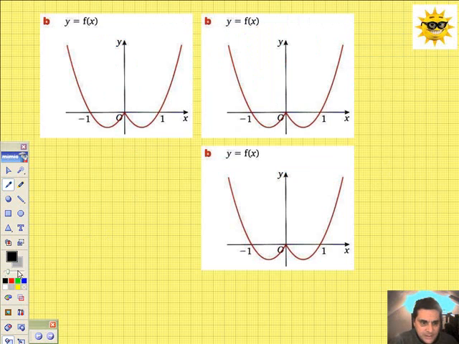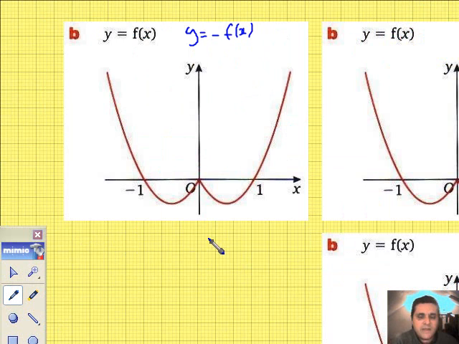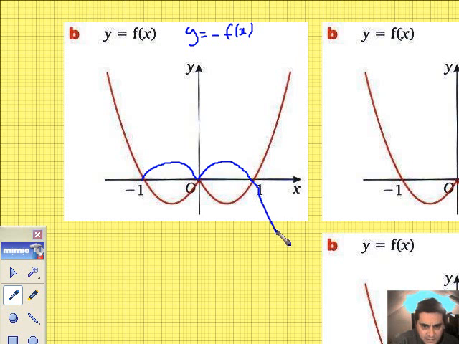Okay, so let's go back to blue. I'm going for y equals minus the function of x. Remember, this is the reflection in the x-axis, so this is quite difficult. This little branch would do that, and this little part would do that, and this part would come down here and do this, sort of, and this part here would come down and do this.